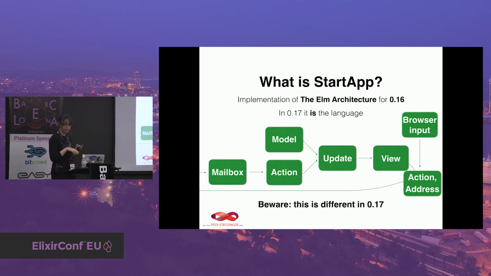So the way it used to work, you would have an address which brought you to a mailbox that you will send actions to. And when you send an action, it will get to the update function, also with the current state of the model, and then that would calculate the new state of the model, and then render it to the view function. And then in browser input would send another action through this, and it would go in a loop forever. And that was 0.16 startup.